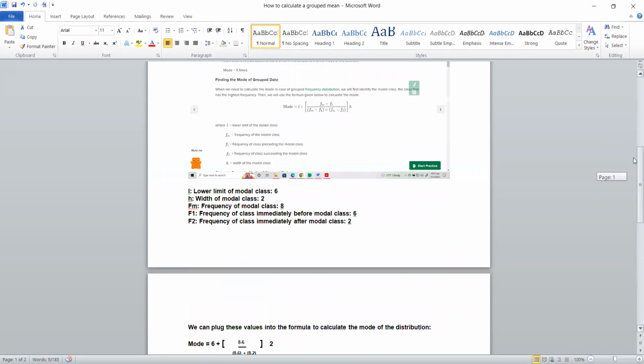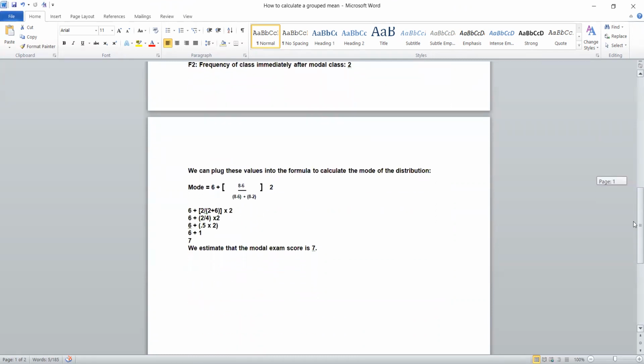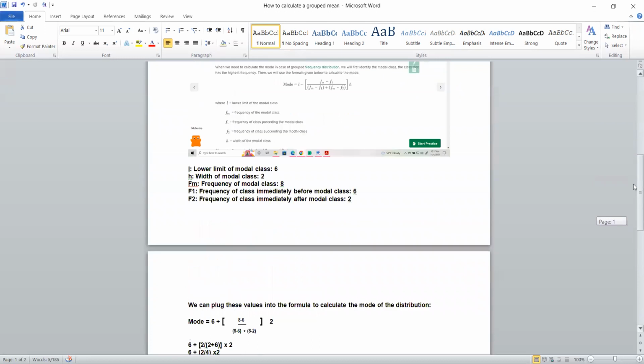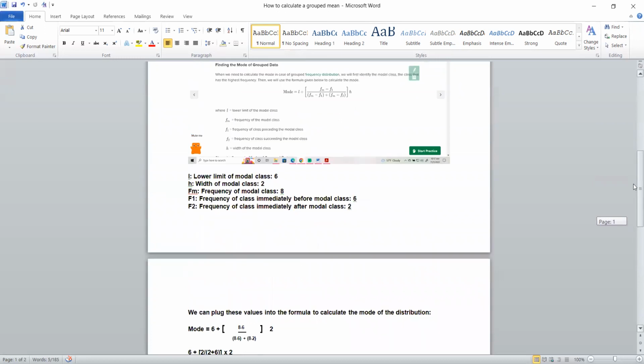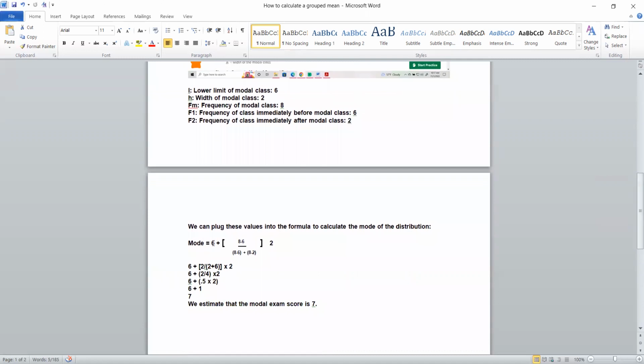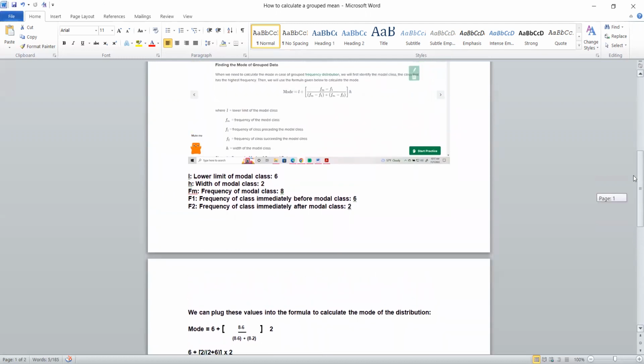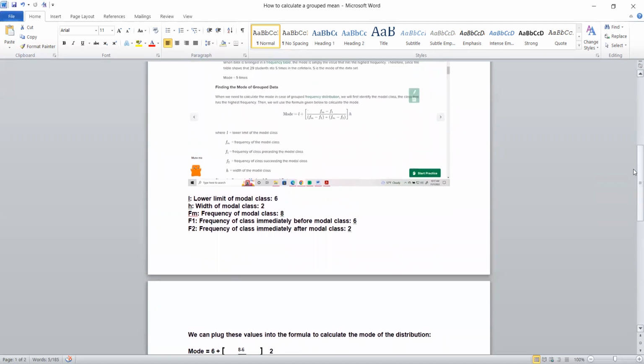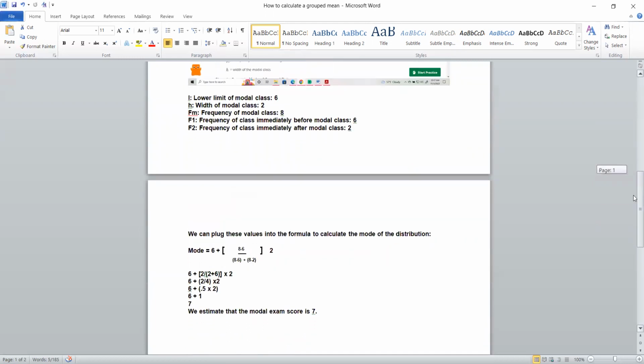So we're going to take this formula that I had on the screen that I showed you before, and we're going to go ahead and work it out. We're going to plug this in. So L is the lower limit of our modal class, so that's 6, plus, and now we have in brackets, FM minus F1.